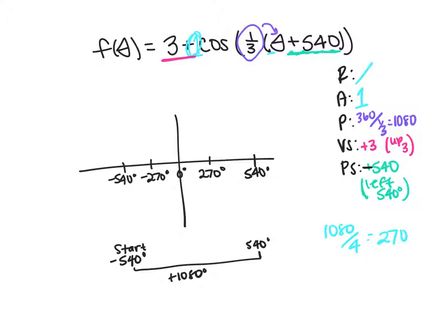Now we need our vertical labels. Our vertical shift is up 3. That means the new middle of our graph is up here at 3. Our amplitude is 1, so that means the top of our graph is going to be at 4. The bottom of our graph is going to be at 2. So now we just put it all together.